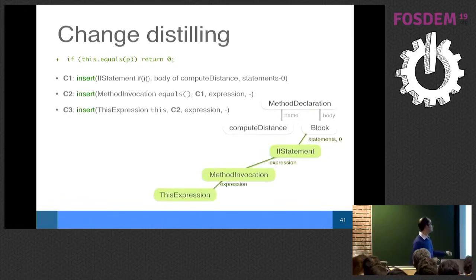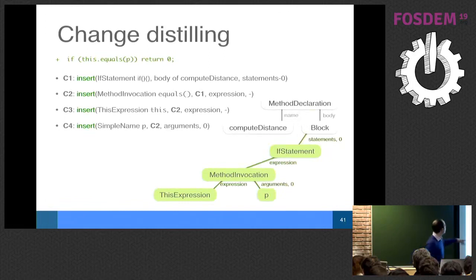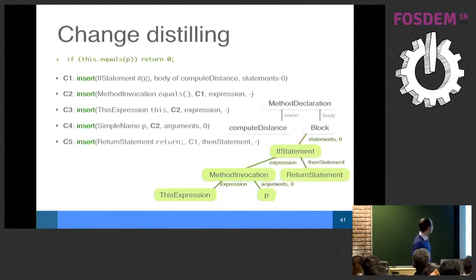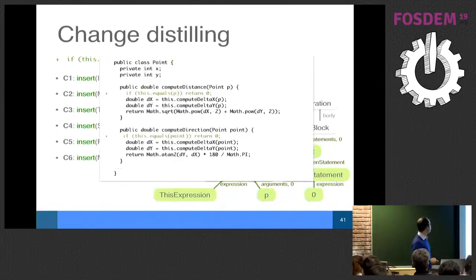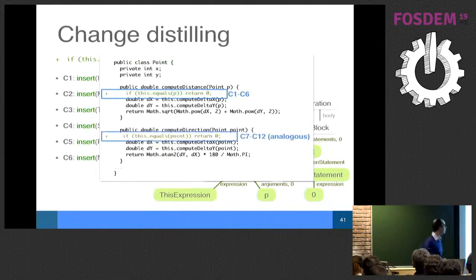Afterwards, we are adding this expression, and then we are computing the equals on the argument that is p. Afterwards, we are returning an integer. We can say that we have 2 different groups of changes, this one and this other one. But in the end, these 2 groups are doing the same.